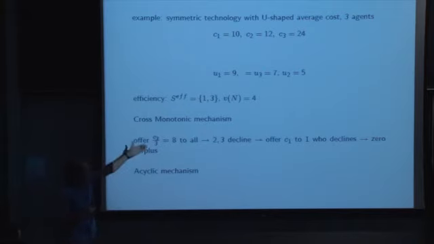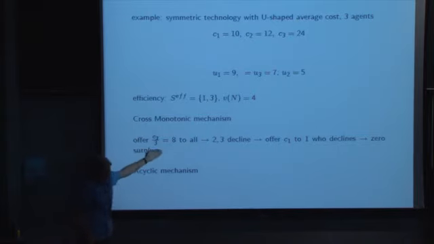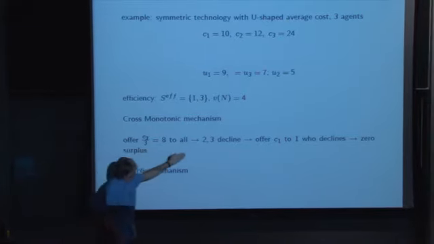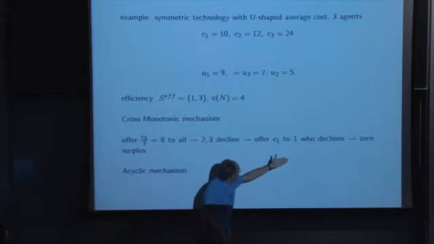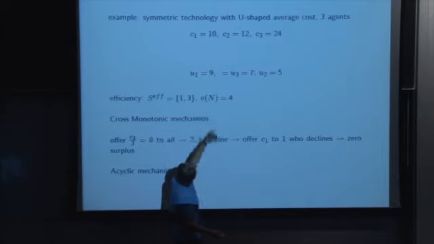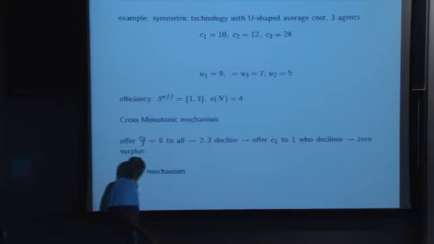And so there is a surplus of 4 if you serve 1 and 3, but in the standard cross-monotonic mechanism, where you offer them C3 over 3 equals 8 to all, then 2 and 3 decline, after which you offer C1 to 1, who declines, because C1 is 10, which is too high, and you have 0 surplus.